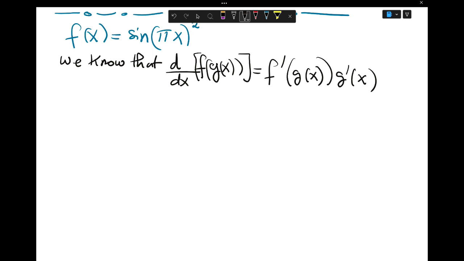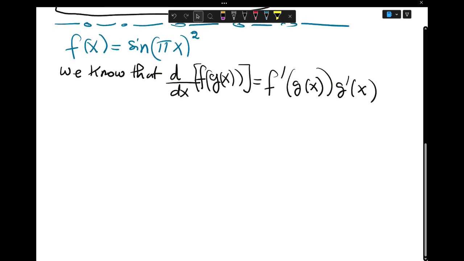We can use this definition of the derivative to solve our problem.